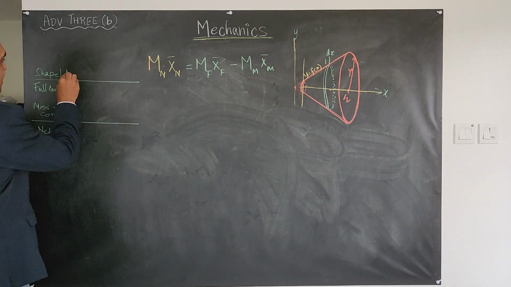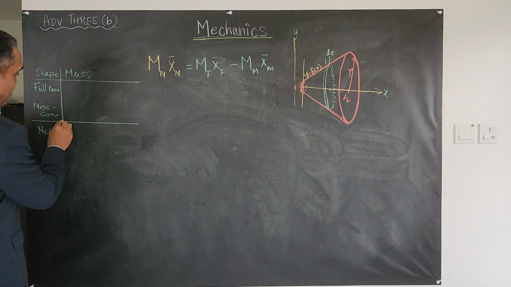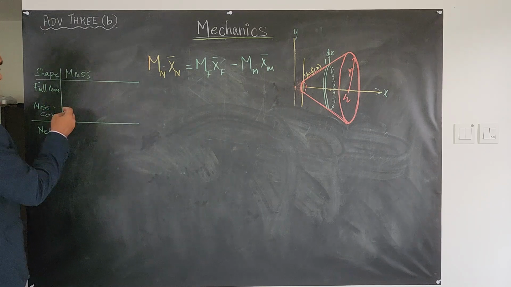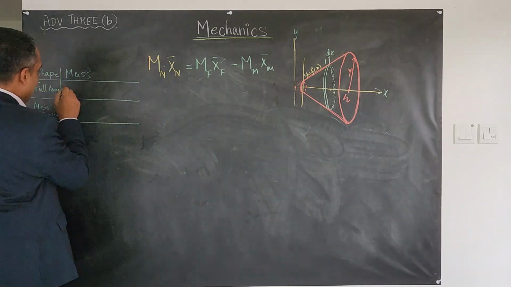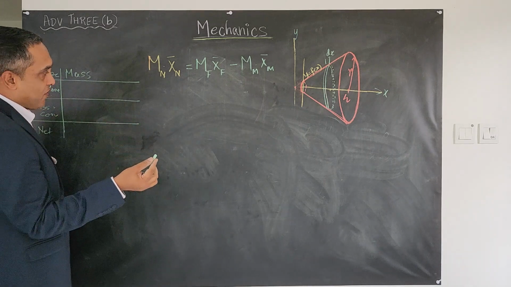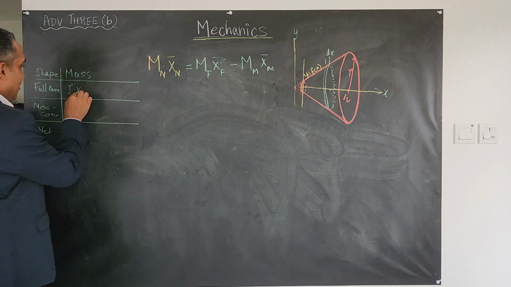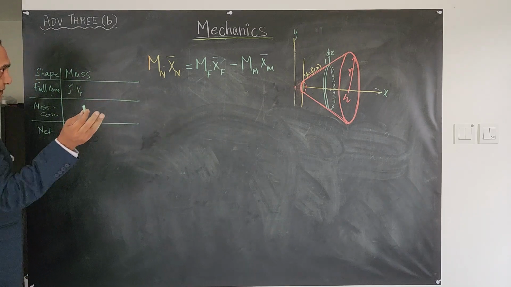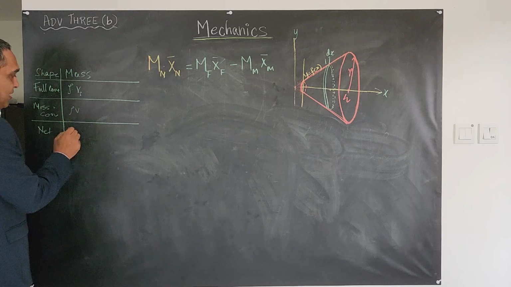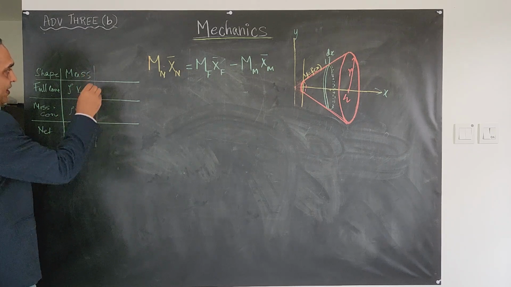And then you can write here mass, and this is nothing but Mn. You may not know what the value would be, or you could just guess the value because it's a subtraction. You'll know the full cone because there is a formula for the mass of the full cone: density times the volume of a cone. Check your formula, do the math. You can similarly write one for the missing cone, and then you can subtract it and get the net cone's mass.